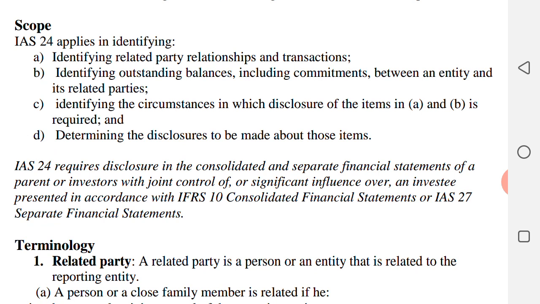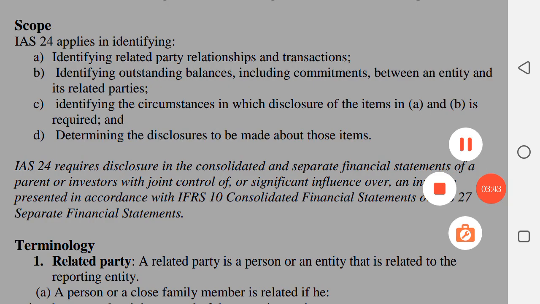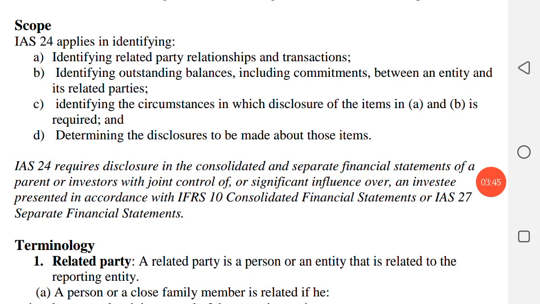Now, let me draw you back to your previous class, when we talked about materiality. If you can remember, for you to give any benefit, you must look at the cost of giving that benefit.